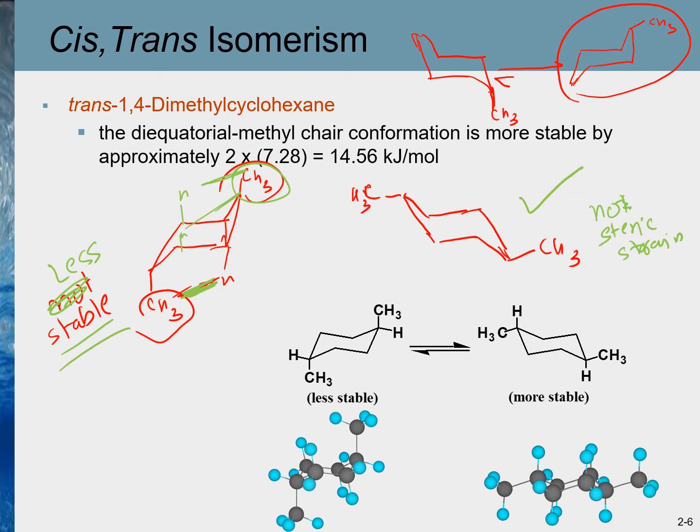In this case, the preferred conformation will be the one on the right hand side. So in other words, the di-equatorial methyl chair conformation is more stable, and the calculated energy of stabilization is about 14.56 kilojoules per mole.